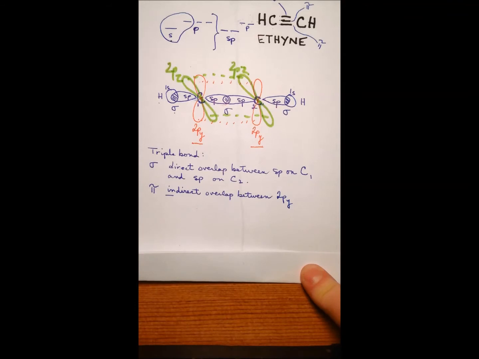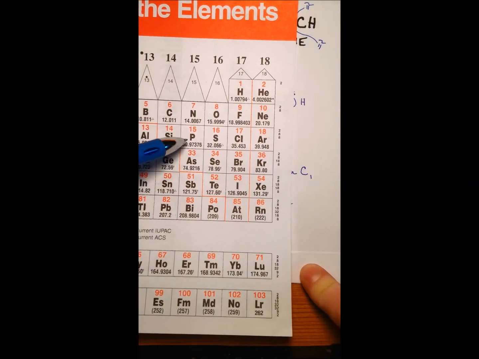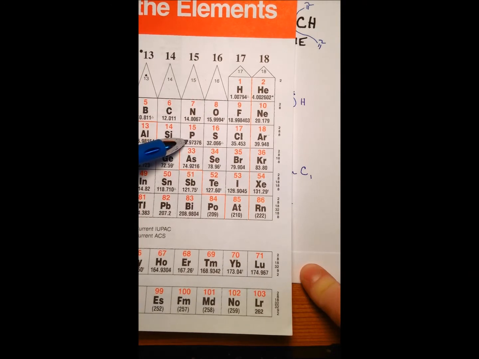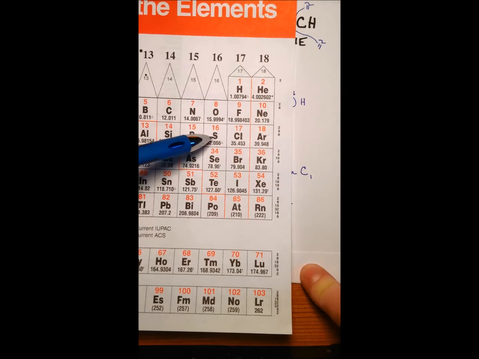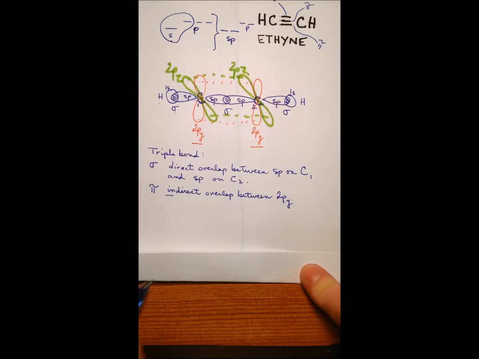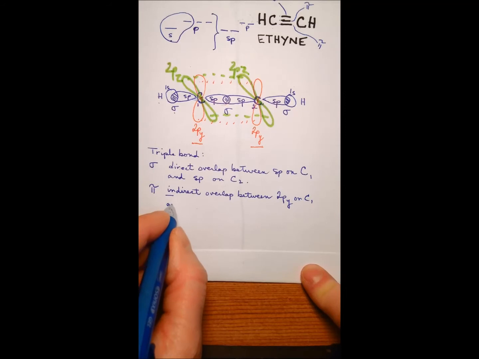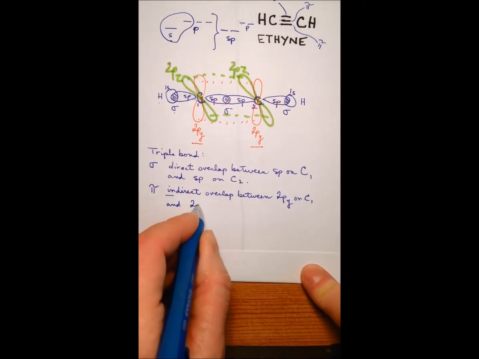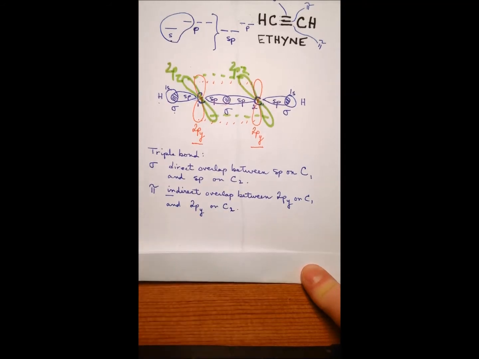It's 2 because it's carbon, and if we go lower in the periodic table, if we were talking about phosphorus, it would be an n equals 3 level, or for sulfur it would be an n equals 3 level p orbital, but I'm up in carbon, so I'm just second row, and that's why it's a 2. So a 2py on carbon number 1 and a 2py on carbon number 2.